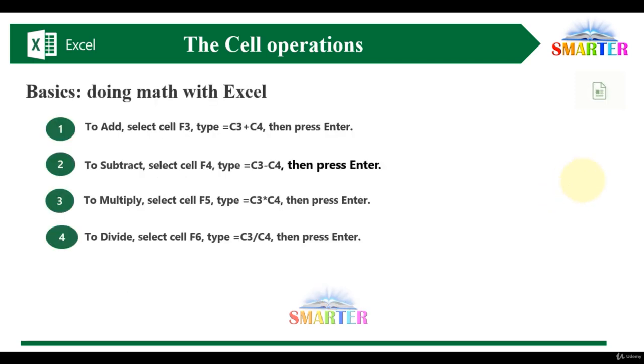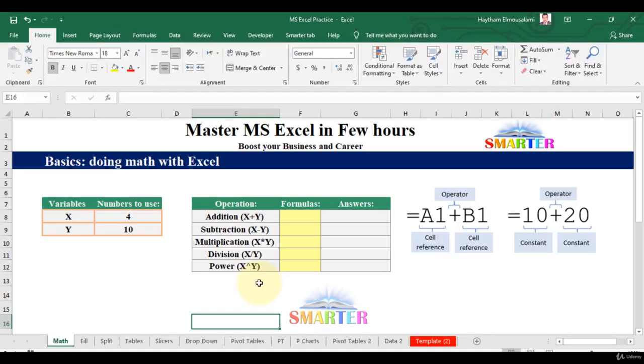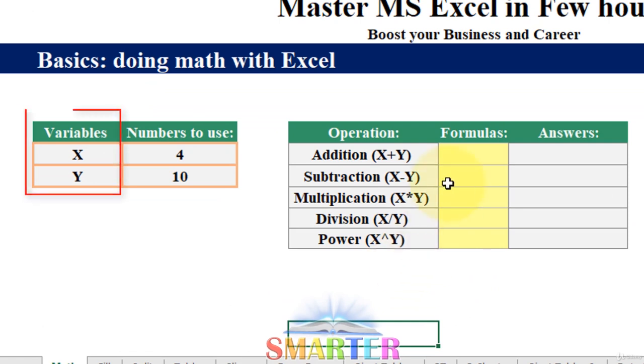So let's take a simple example about these operations. Here, if I want to add variable x and variable y, let's write the formula. This cell reference plus this cell reference, and the result will be 14.